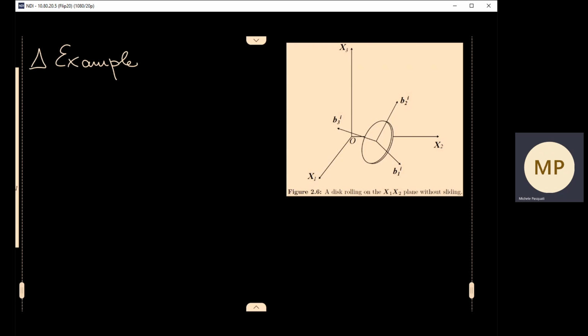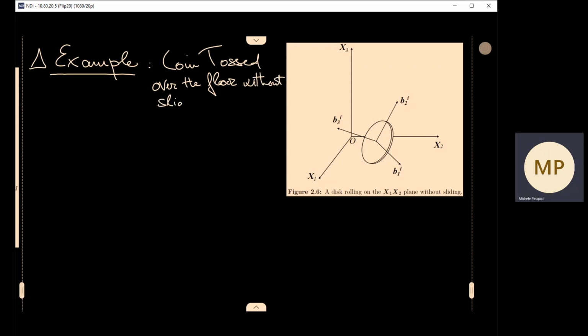It can roll, but without sliding. So it's a non-holonomic constraint. So the example again: a coin tossed over the floor without sliding. So there must be some friction at some point.